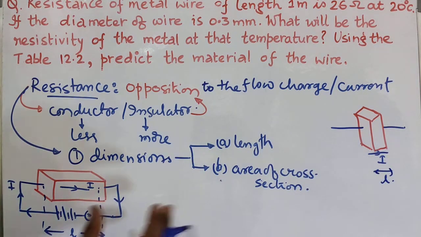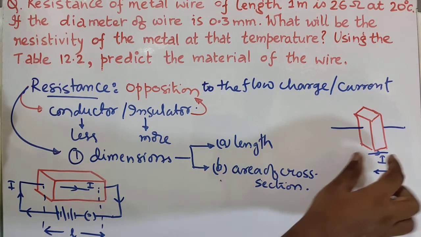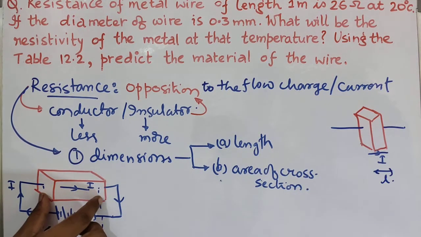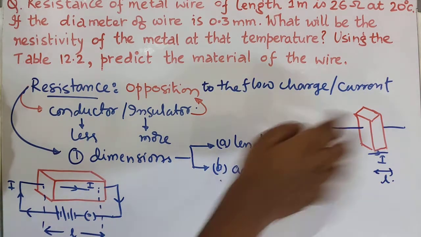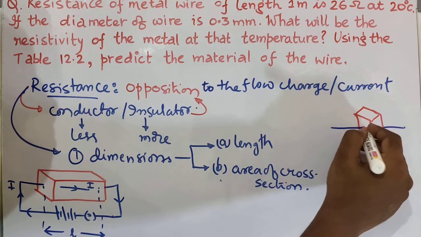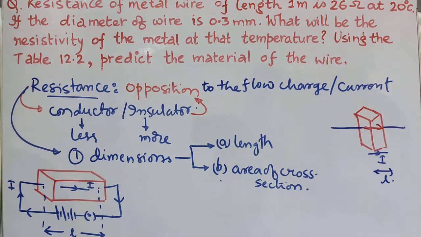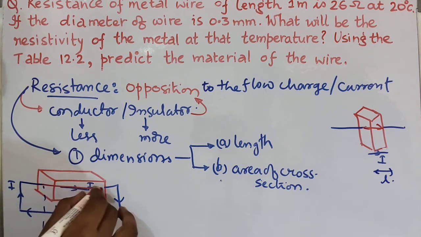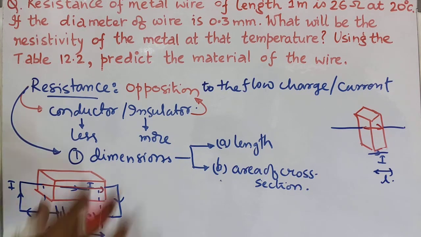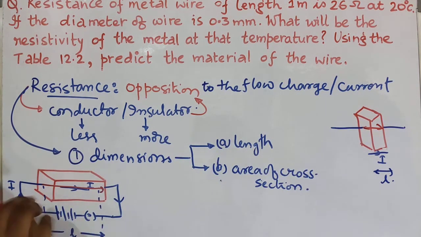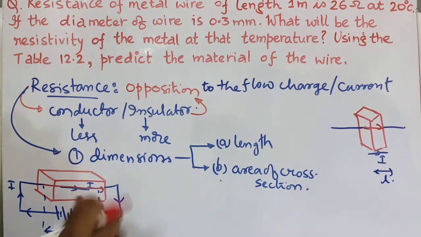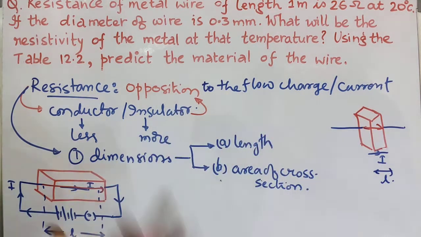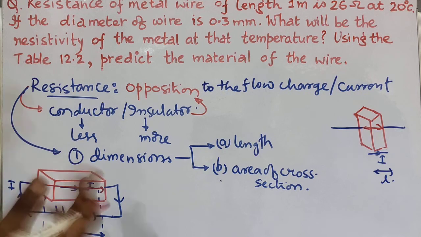So it is the distance along which the current flows through the conductor. Here the length is this, because current is flowing only through this length. Same material, same conditions, but I have just oriented the conductor like this, so the length has changed.